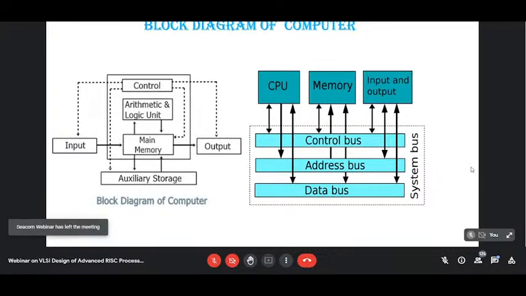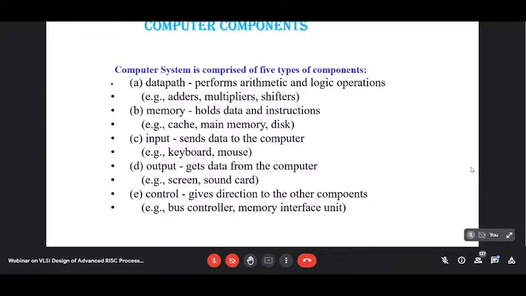We call it the arithmetic and logic unit, but the logic unit and arithmetic unit are basically separate units put in the same building block. The basic component of the computer is the data path. The data path performs arithmetic and logical operations. It consists of adders, multipliers, or shifters, which shift data in the left or right direction, etc.